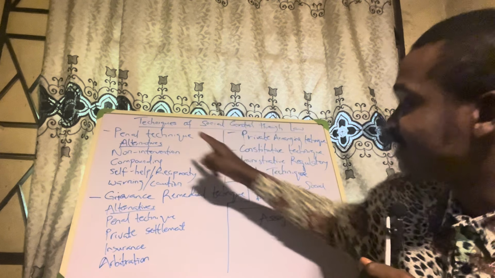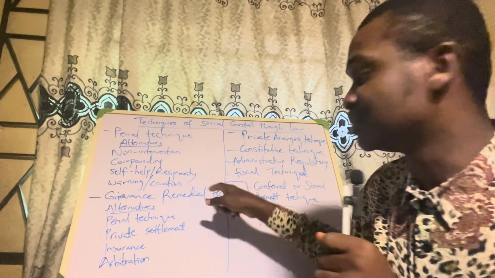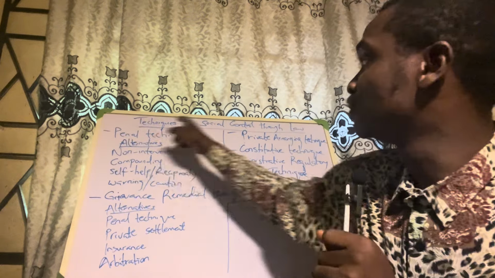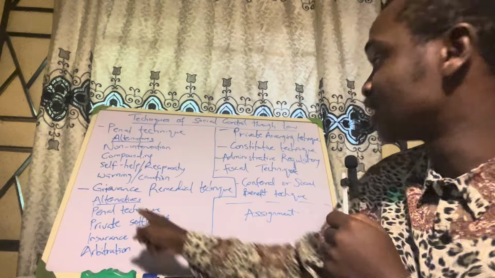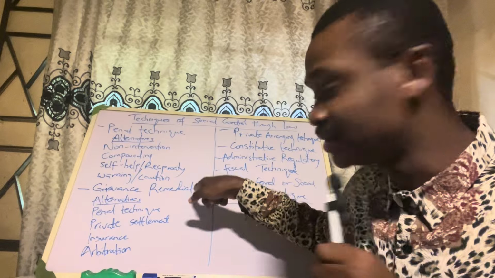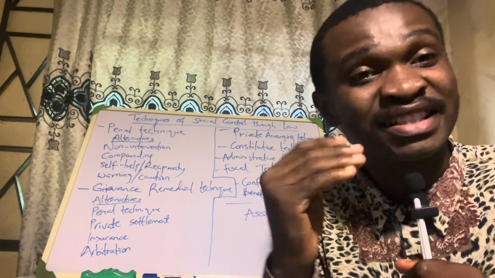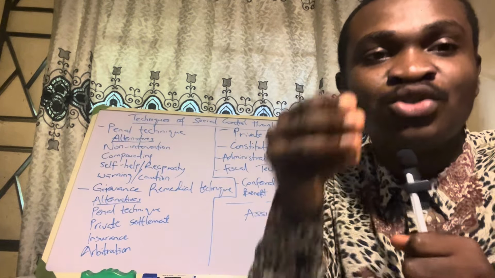If the court states it, that means that is grievance remedial technique. That is the technique pertaining to civil law and not criminal law. So we have to note that when we are talking about grievance remedial technique, we are looking at the court system. Yes, civil law, wherein you have breached.